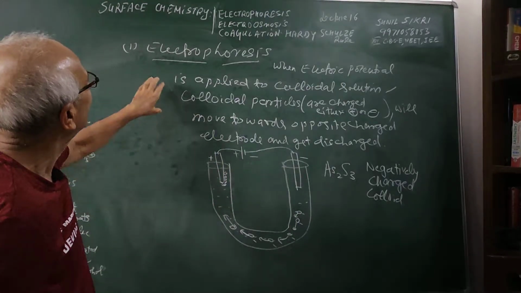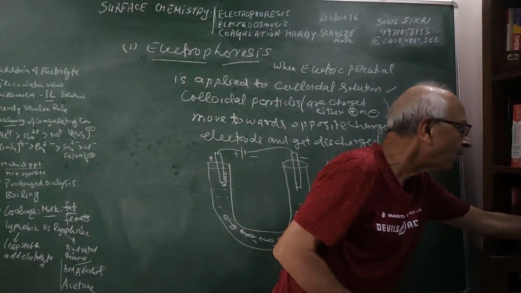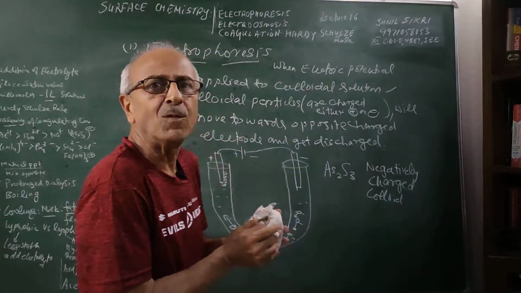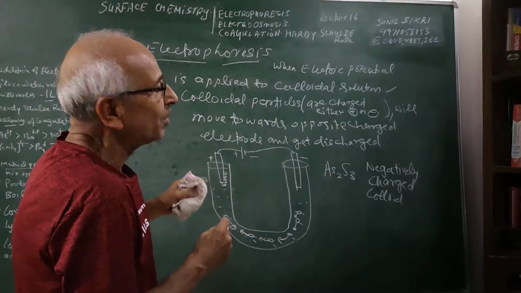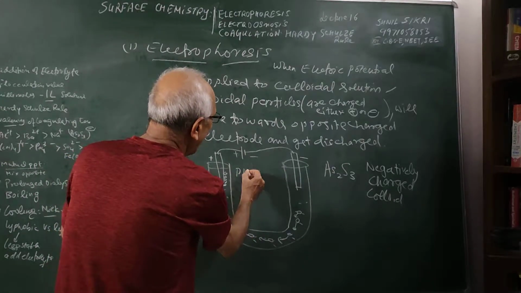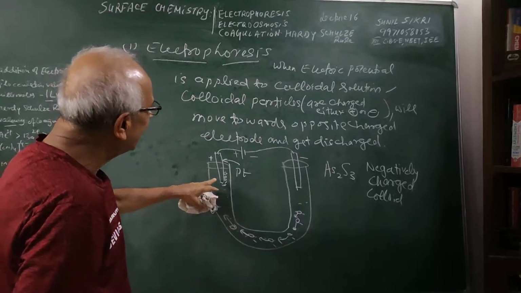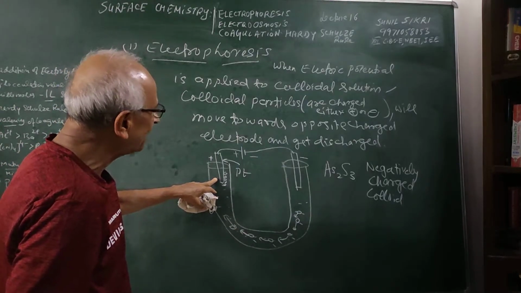This process is called electrophoresis. The movement of the colloidal particles when we apply an electric potential by using two platinum electrodes. These are my two platinum electrodes. Then this negatively charged colloid concentrated and moved towards the positive plate.